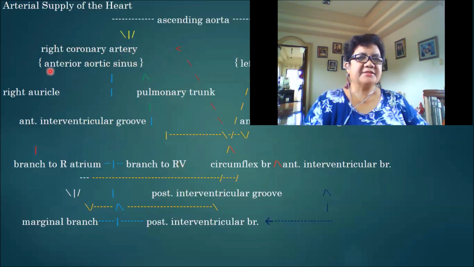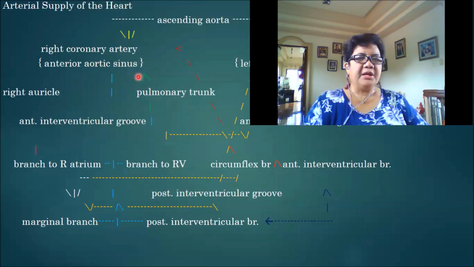What type does the arterial supply of the heart belong to, of the two types of end arteries? So that's why if you have cardiac infarction, the blood supply of the muscles of the heart will be hindered or blocked, and this could lead to what you call a heart attack.